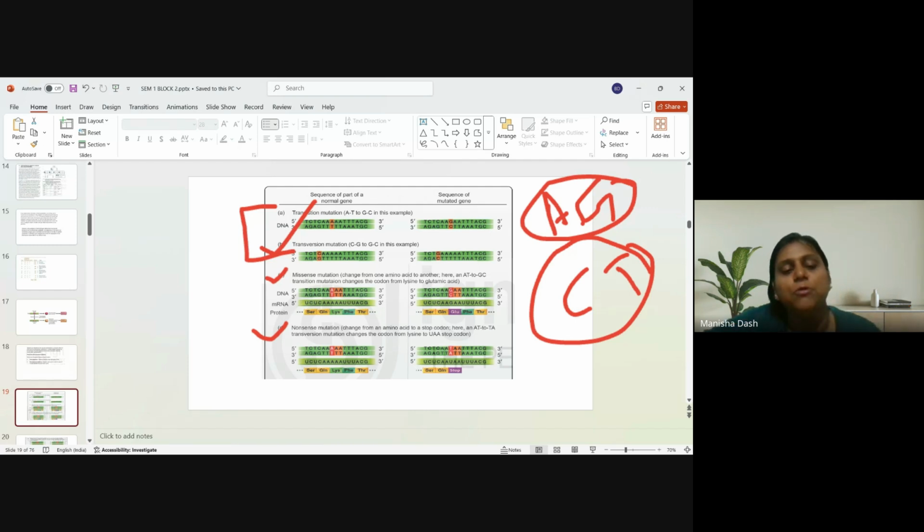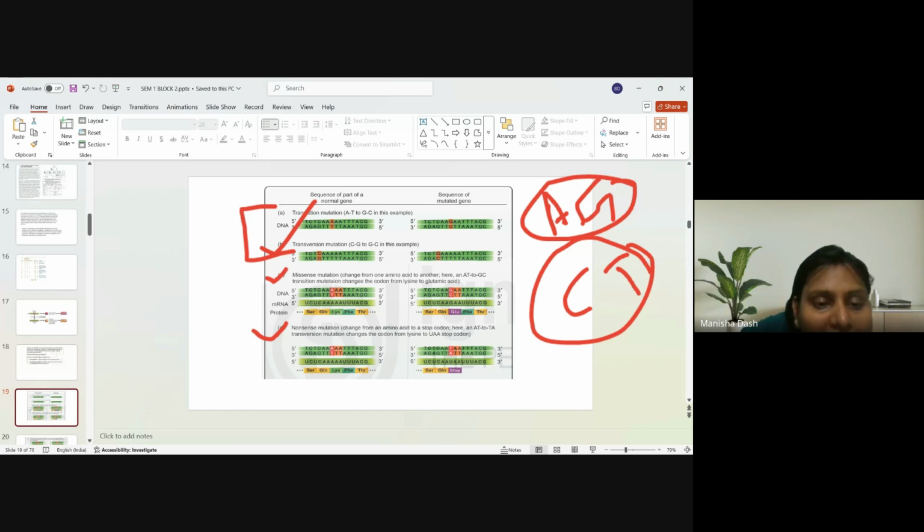If due to a change in the base pair, a genetic codon is wrongly read, it will definitely result in the formation of a wrong amino acid. When the mutation leads to formation of a wrong amino acid, that type of mutation is called a missense mutation. It means there is a mistake in the sense codon.